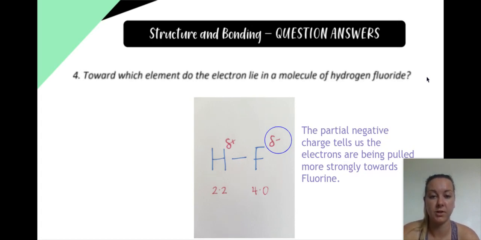The second section of covalent bonding is if the electronegativity difference is 0.5 to 1.9. That means you have a polar covalent bond. When you have a polar covalent bond, you should always write in the partial charges. That lets the marker know that you know towards which element the electrons lie.